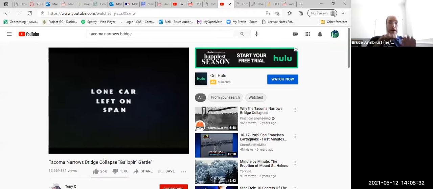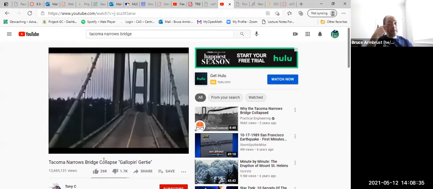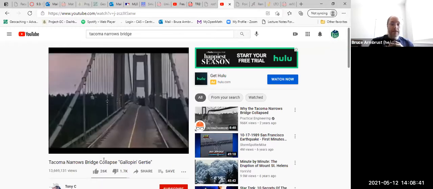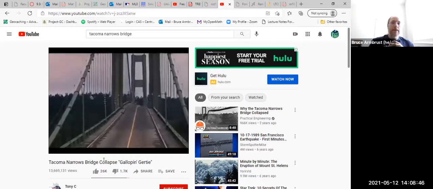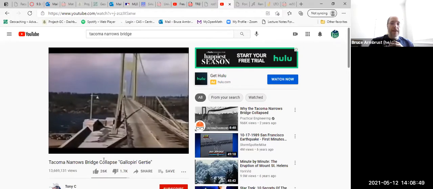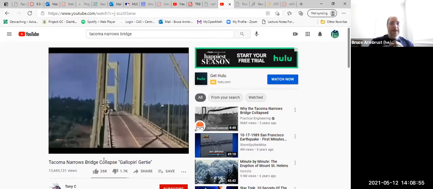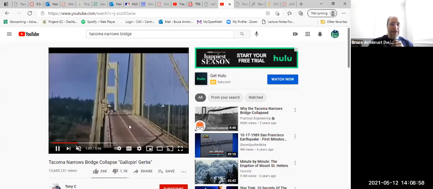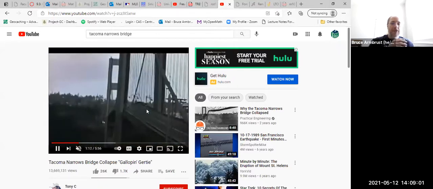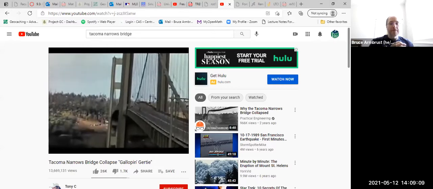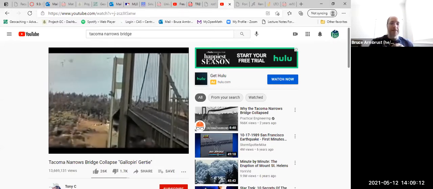It starts getting bigger and bigger and bigger, because there is a natural frequency to this that was being met by the wind. The wind was driving this oscillation and making the amplitude get more and more, meaning that thing is going higher and lower and higher and lower until eventually the bridge couldn't withstand the stress anymore and ended up collapsing. So we've got to watch until it collapses, because otherwise I'm just teasing you guys.